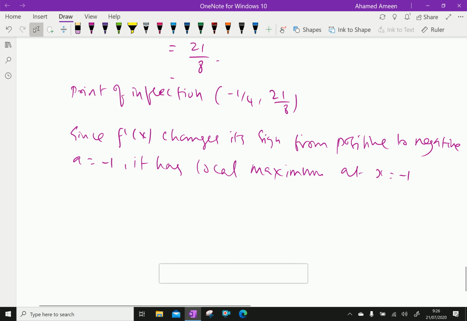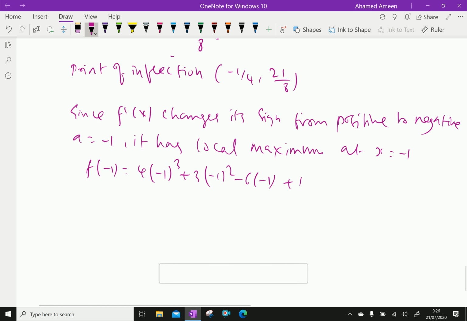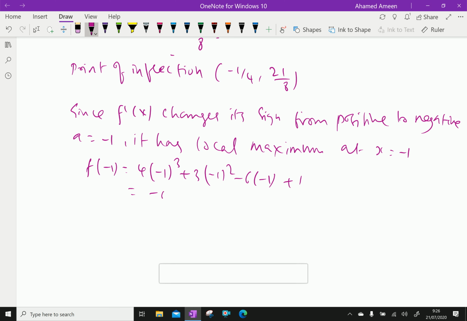Therefore, we will find the local maximum value. F of minus 1 equals 4 into minus 1 cube plus 3 into minus 1 square, minus 6 into minus 1, plus 1. So we have minus 4, plus 3, plus 6, plus 1, which equals 6.